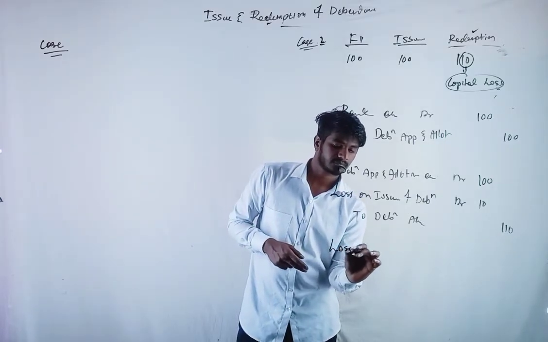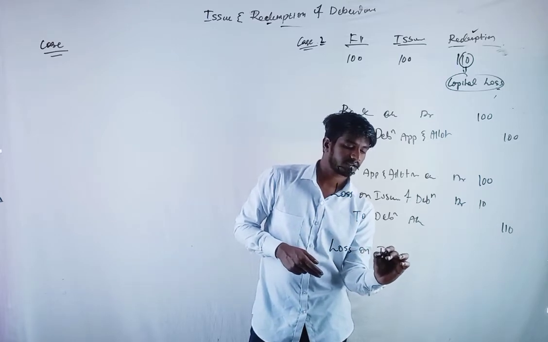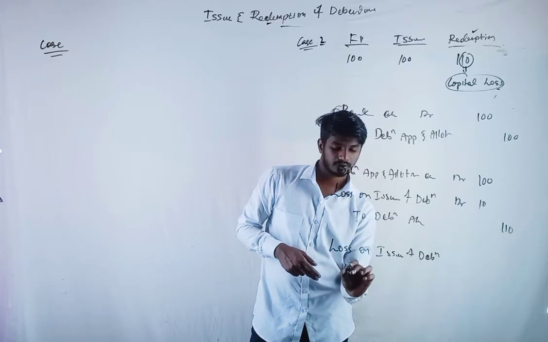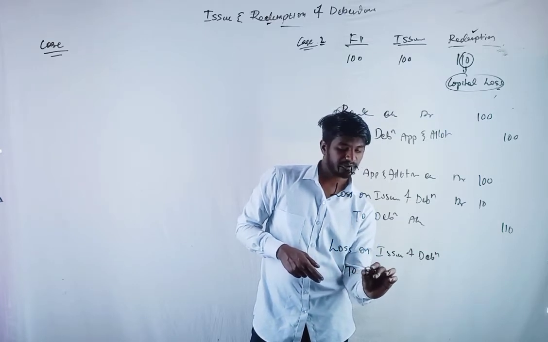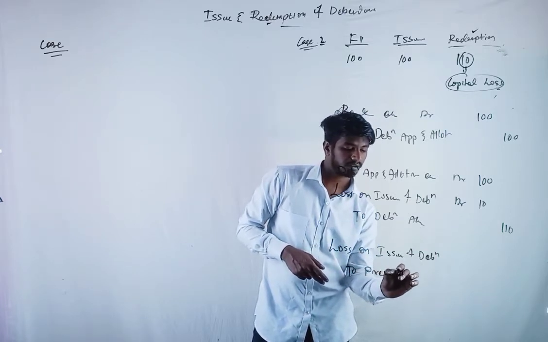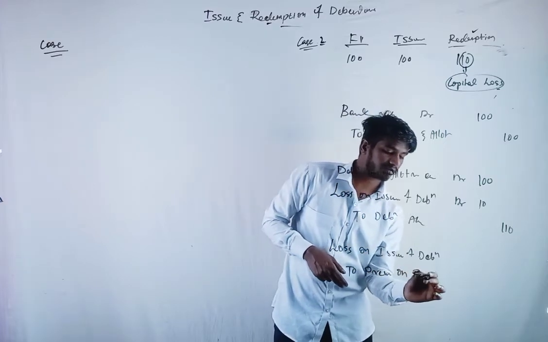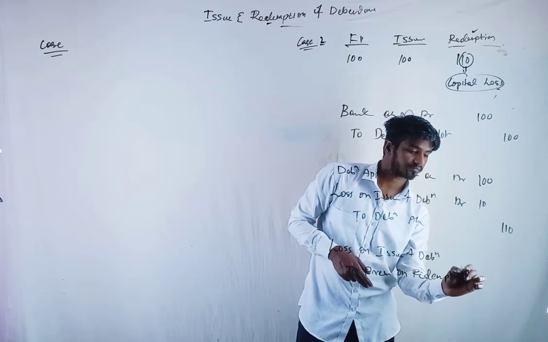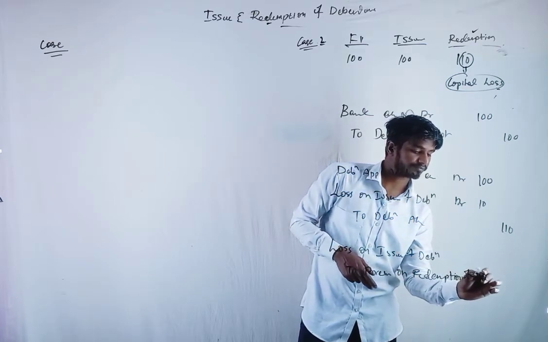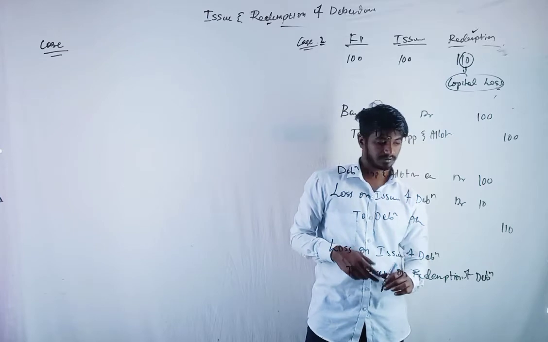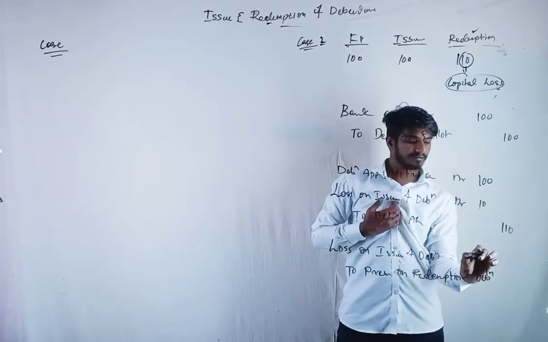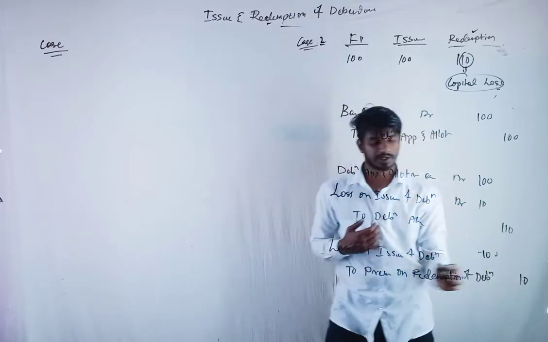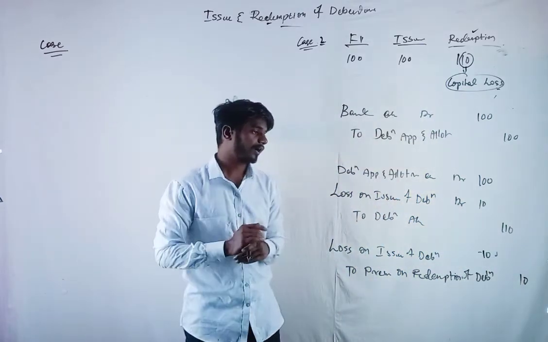Loss on issue of debenture to premium on redemption of debenture. 10 and 10.